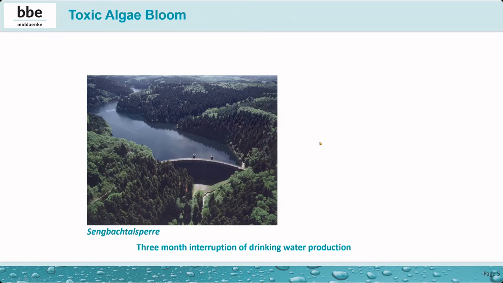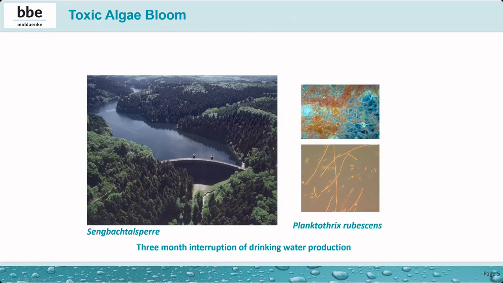And what they found was an algae problem. There is also a recreation area around. You can just walk around, and a dog was drinking the water and died after a while. Then they asked the drinking water production area what's going on with the reservoir, and they checked and found Planktothrix rubescens.